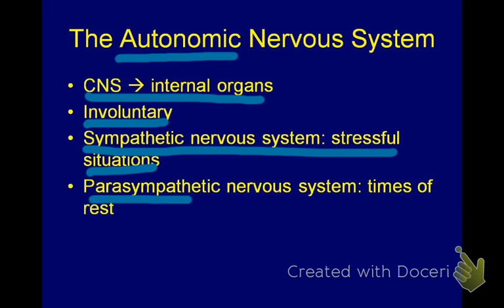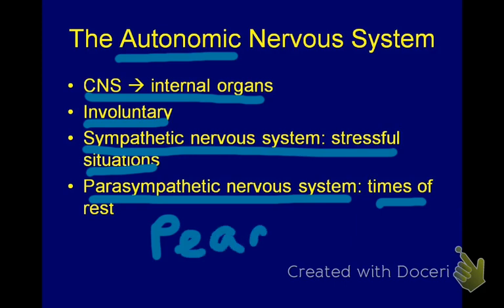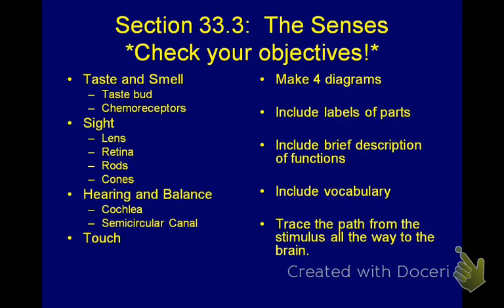The parasympathetic nervous system takes over in times of rest. Or I guess we could say peace. So sympathetic begins with S, stress begins with S, parasympathetic begins with P, and peace begins with P. That's how you can remember that.